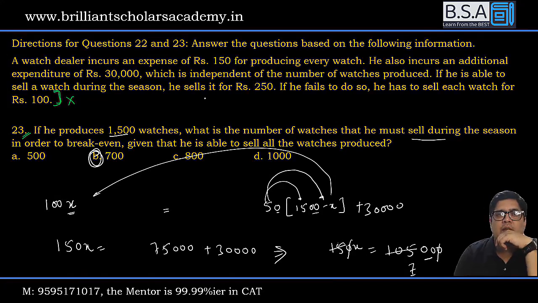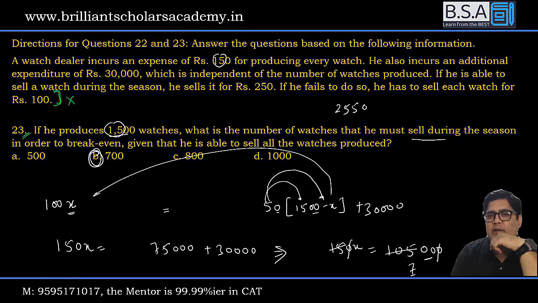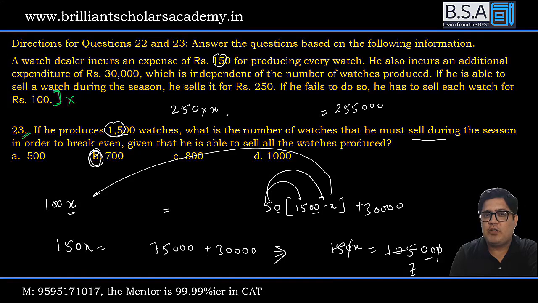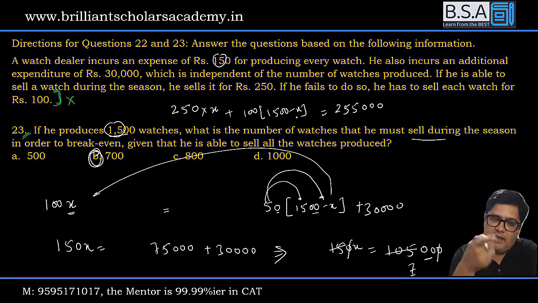So look, 15 into 15, 225,000. 225,000 plus 30,000, 255,000. This is all the expenses combined. Price of a single watch, 250. I am assuming X watches. So I am saying now 100 rupees price, number of watches 1500 minus X.